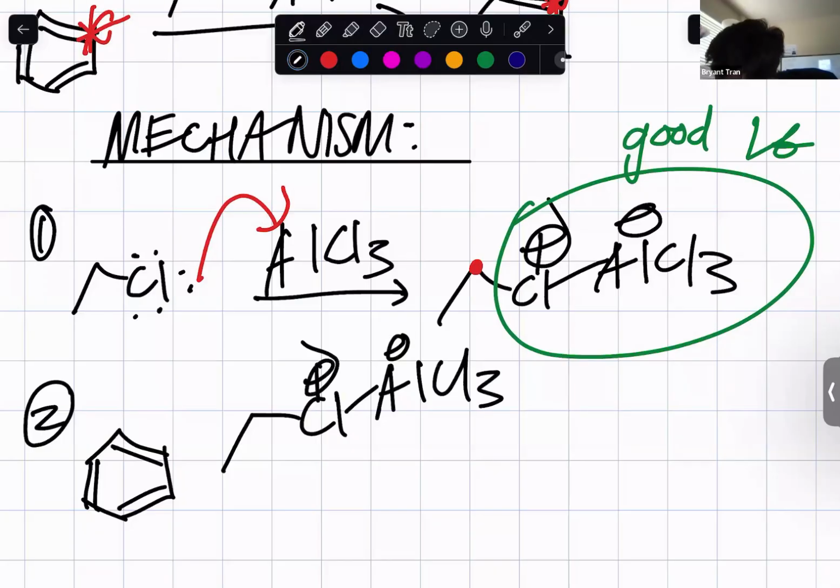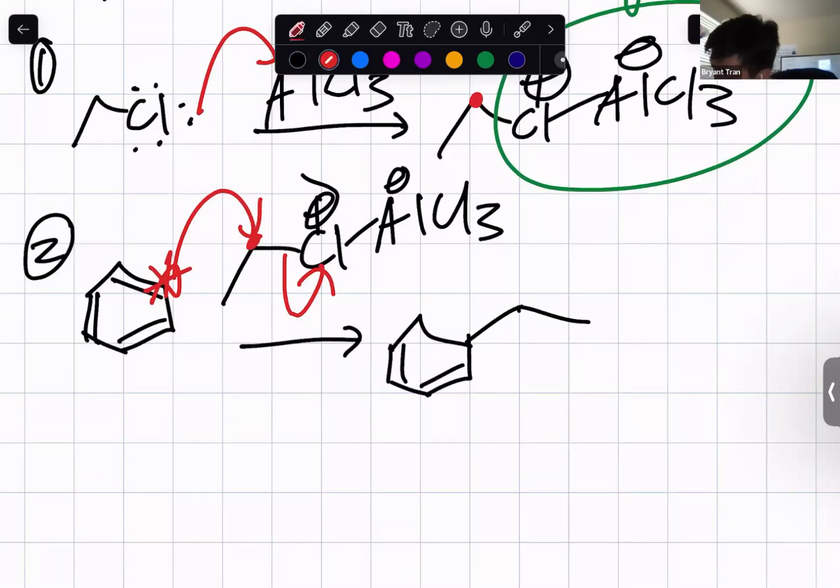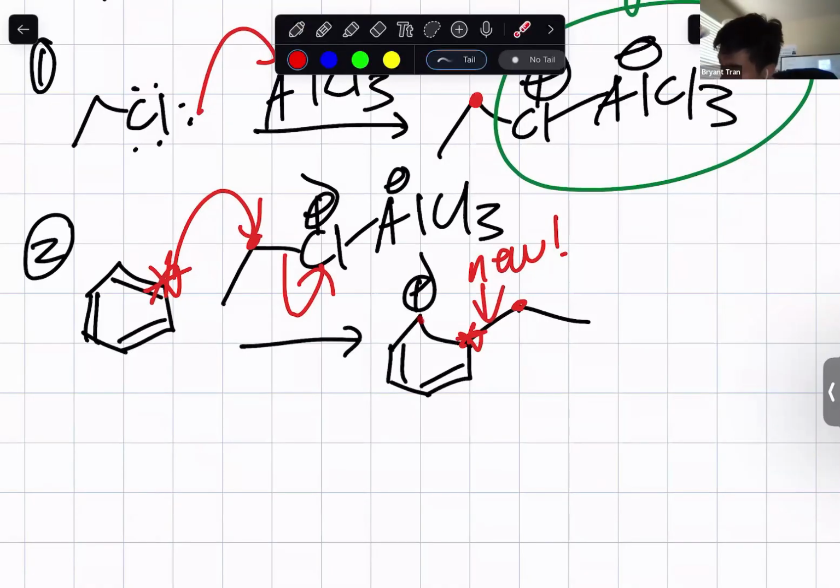So this nucleophilic carbon here will attack this electrophilic carbon, kick out the good leaving group, and give us this intermediate here where we broke the aromaticity here. Where this is the starred carbon, this is the dot carbon, this is the new bond between the star and dot carbon, and then this carbon right here that lost the bond will be positively charged, right?